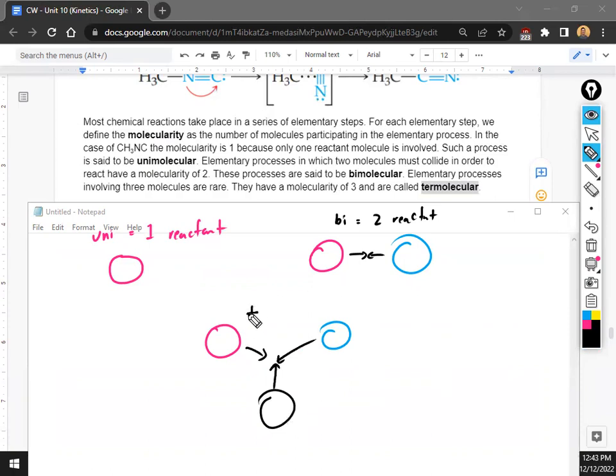So this is very rare, and that's why we usually don't see things like tetra or pentamolecular, because it's already such a low chance of 3 specific molecules hitting each other with the specific energy in the specific orientation. It's already very difficult for 3 to collide at the same time. So usually 4 and 5 don't really happen. So it's always going to be uni, bi, or ter.